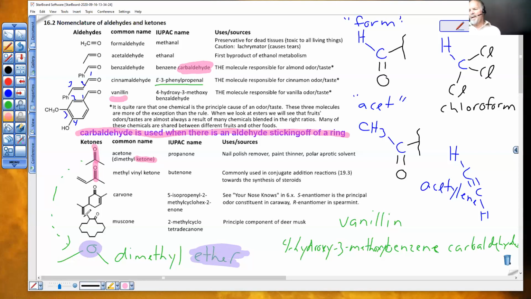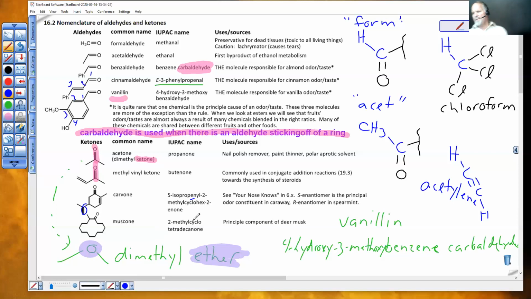So it's not an isopropyl, it's an isopropenyl. You've got an ene here, and that's an ene here. And it's got a methyl here and a double bond here.